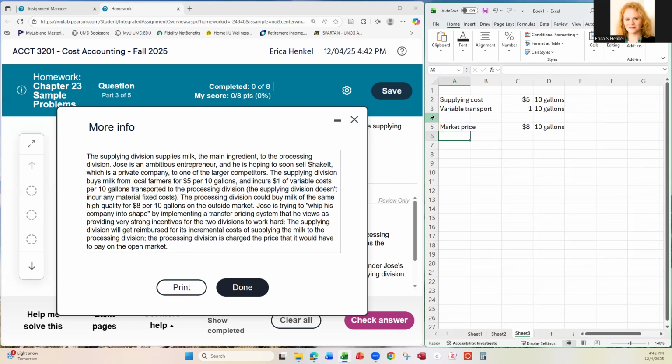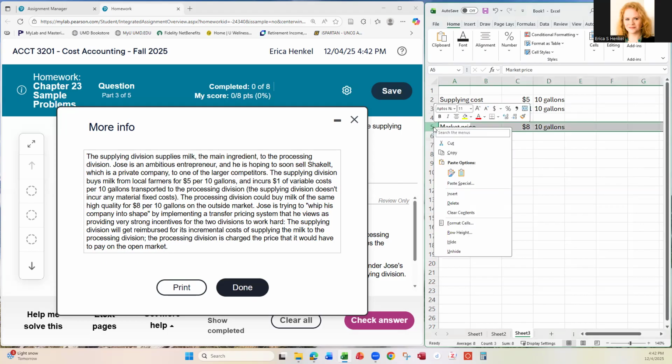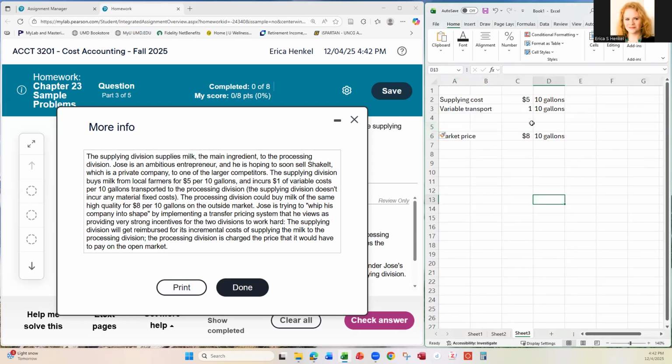What they're saying is the variable costs are the incremental costs. So this would be a total of $6 for the incremental costs per 10 gallons. And the processing division is charged the price that it would have to pay on the open market.